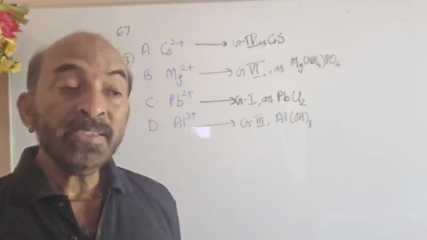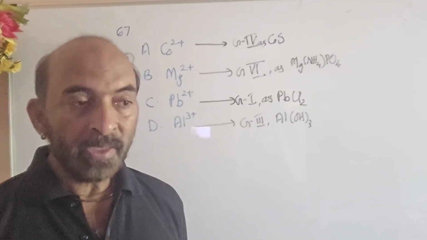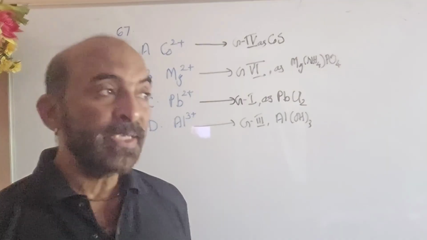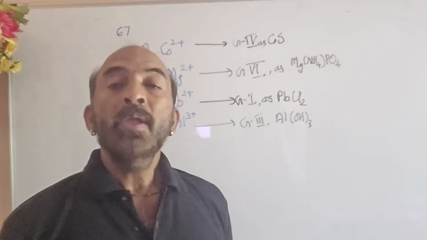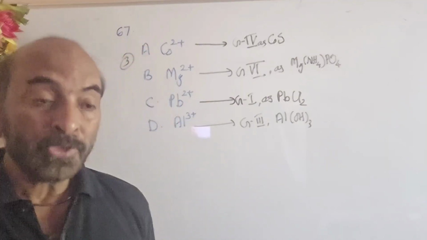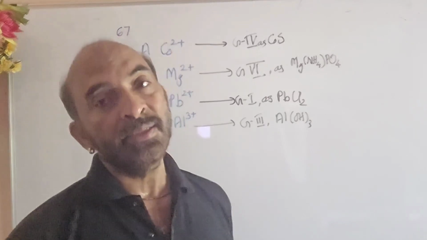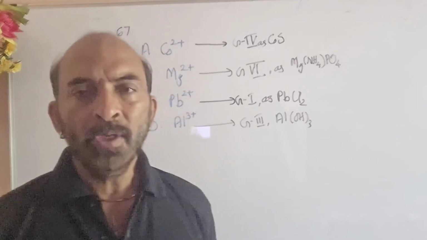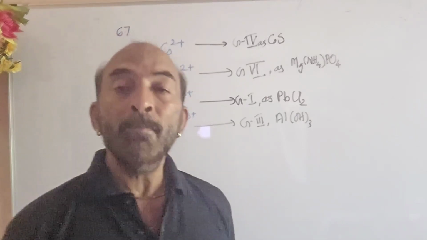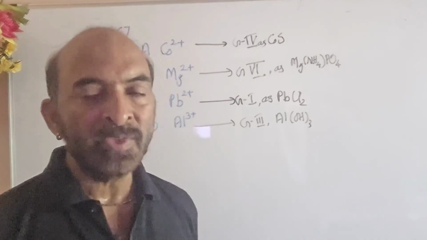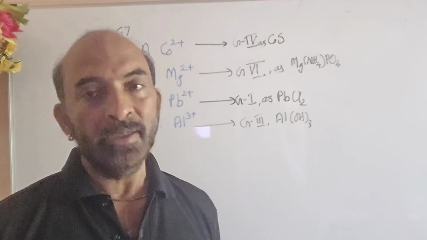Since hydrogen sulfide is a weak acid, in the weak basic medium it shows a greater tendency to ionize and to produce comparatively more sulfide ions than in the acidic medium.